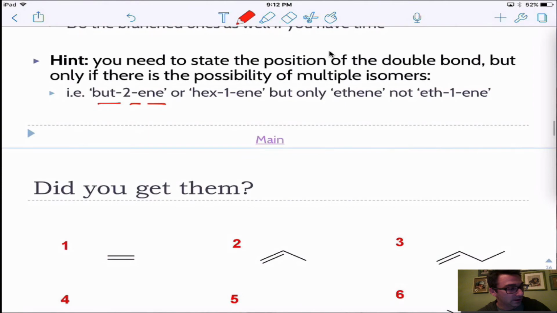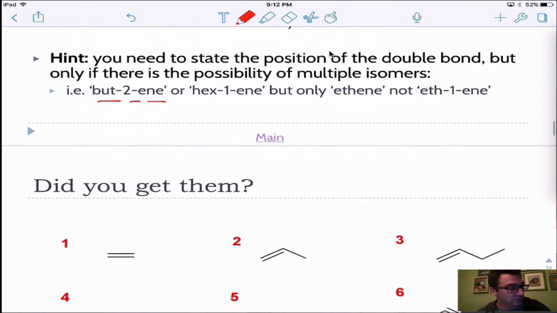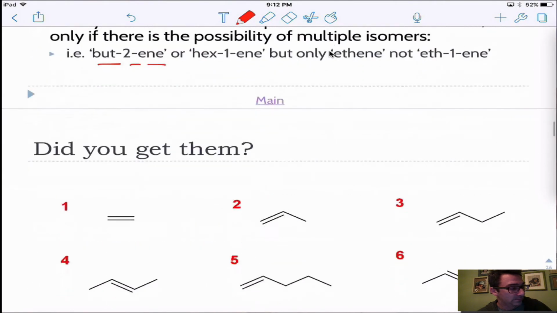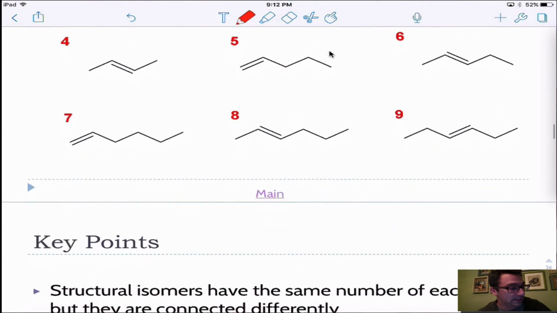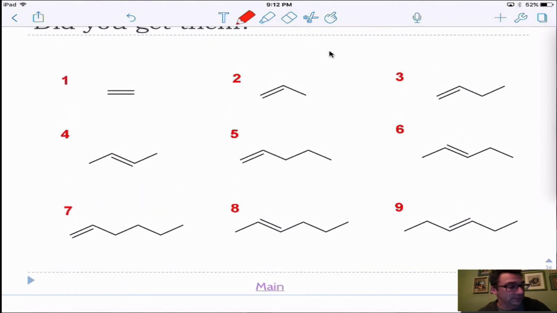So here they are. If you want to take a minute, you could try them on your own. Here they are, the first 9 and all their positions. This is ethene, propene, 1-butene, 2-butene, 1-pentene, 2-pentene, 1-hexene, 2-hexene, 3-hexene, or as they do it in IB land, starting with butene, this would be but-2-ene.